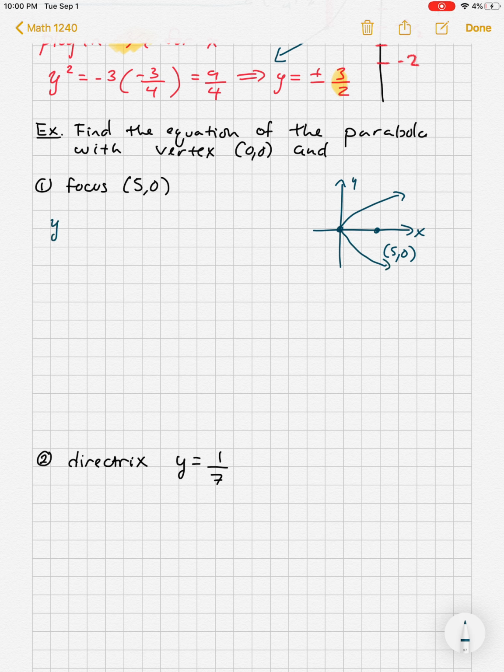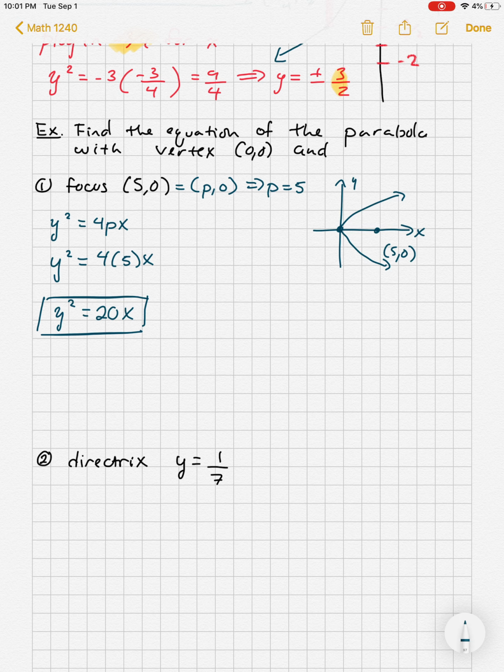A horizontal parabola is y squared equals 4px. Remember, the focus point is p, 0. So I know p is 5. This problem's really easy. So the equation is just y squared equals 20x.